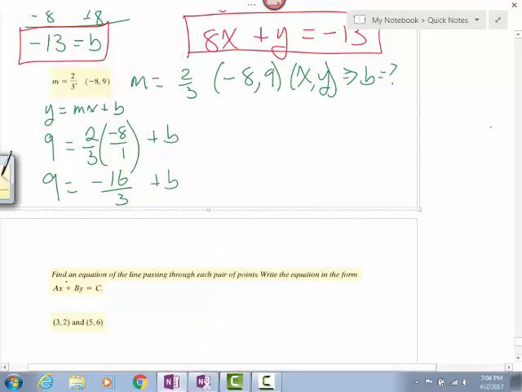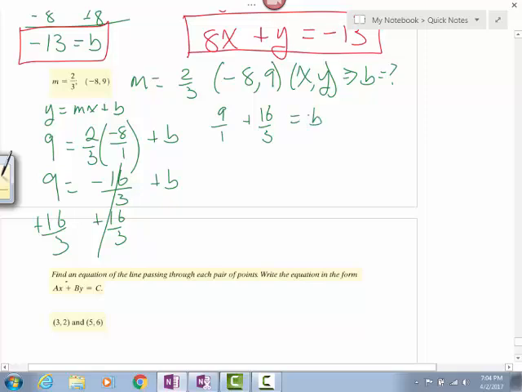All right, I need to move my 16 over 3 over, so I'm going to go ahead and add 16 over 3 to both sides. So those will cancel. Now, I'm going to think about this as 9 over 1 plus 16 over 3 is equal to b. I need to get a common denominator. Between 1 and 3, it should be 3.